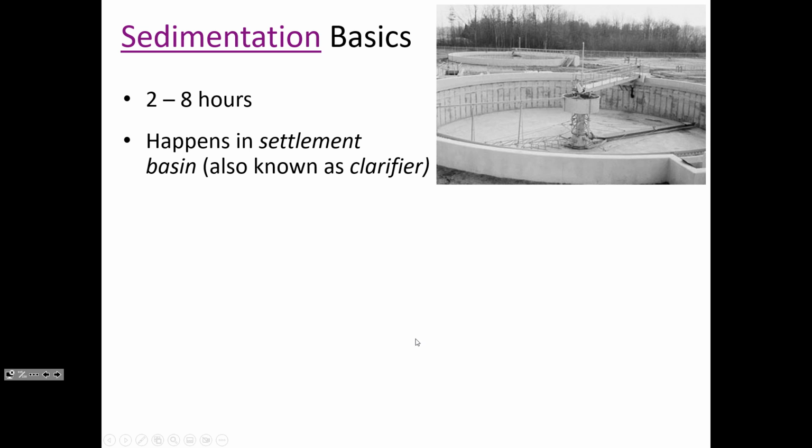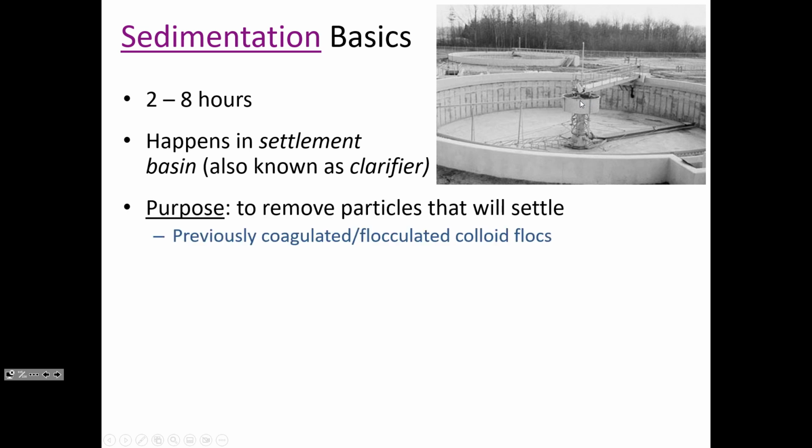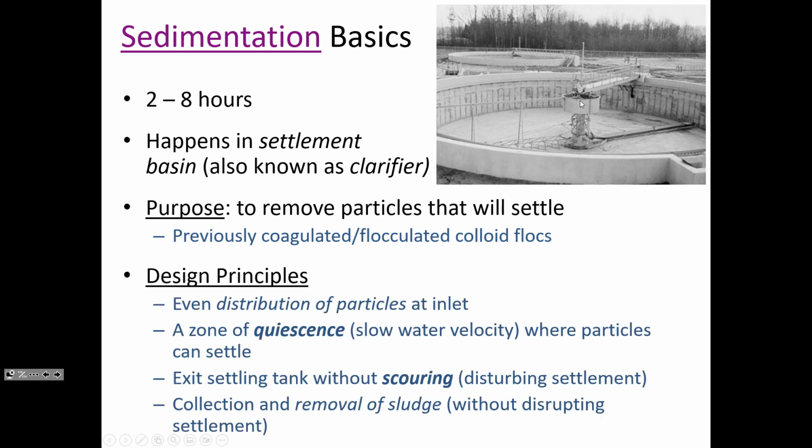It happens in these settlement basins, otherwise known as a clarifier, and we're removing the agglomerated flocs, which are mostly colloids that have been joined together as their repulsive charges were destabilized during coagulation.